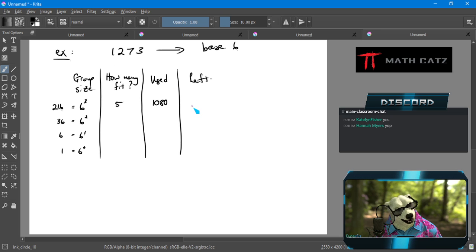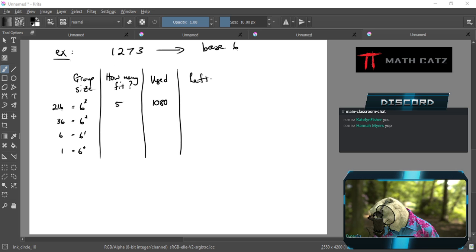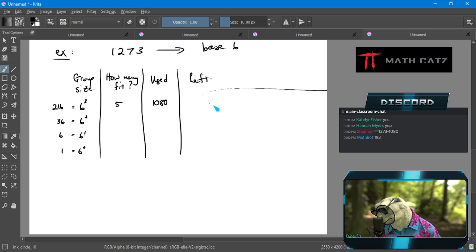Then we have left. Did we actually do that? No, we did not. Okay. We have left 193. And you see, yeah, it was too small for another 216 to fit.